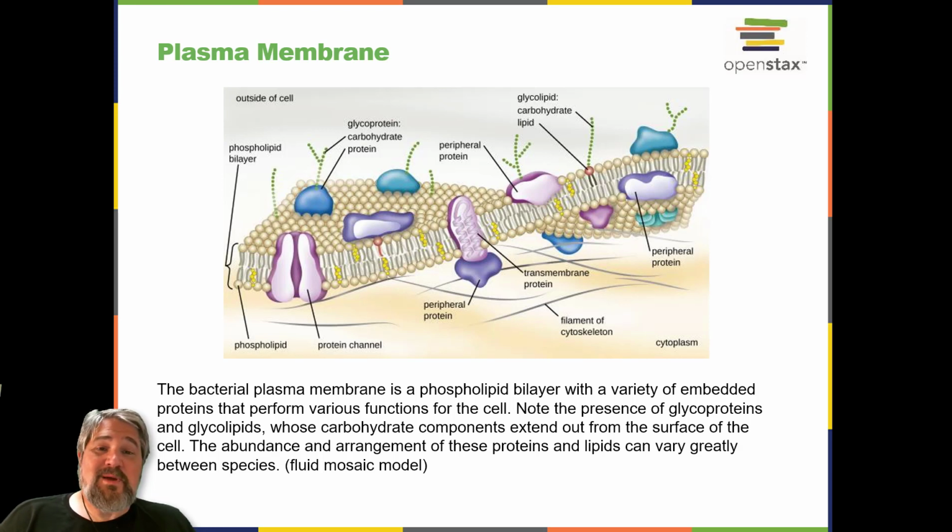The structure of the plasma membrane is often described in terms of the fluid mosaic model, which refers to the ability of membrane components to move fluidly within the plane of the membrane, as well as the mosaic-like composition of the components, which include a diverse array of lipid and protein components.